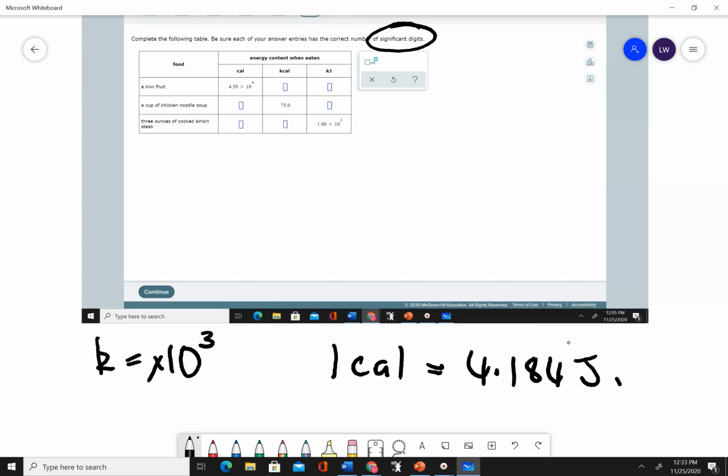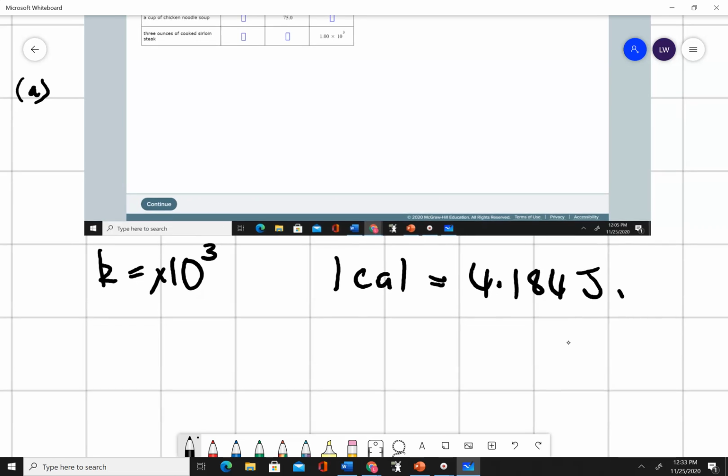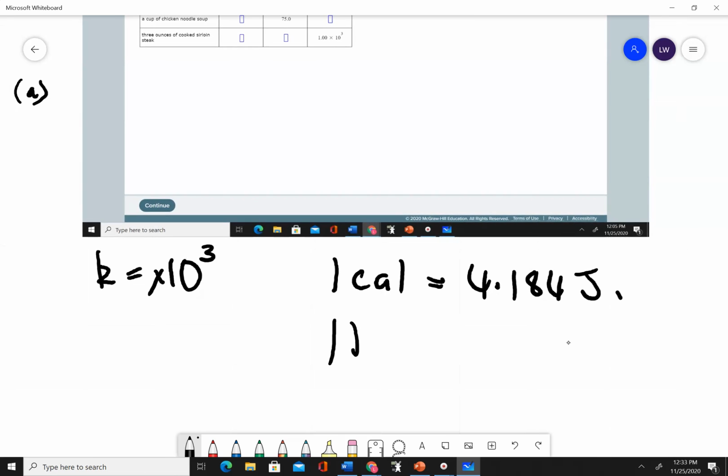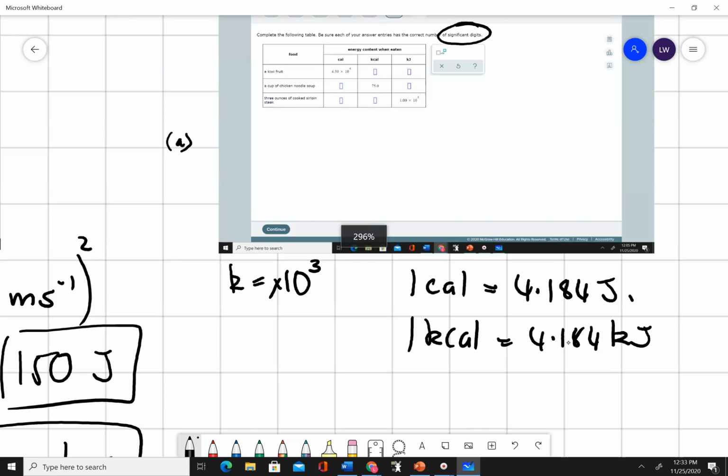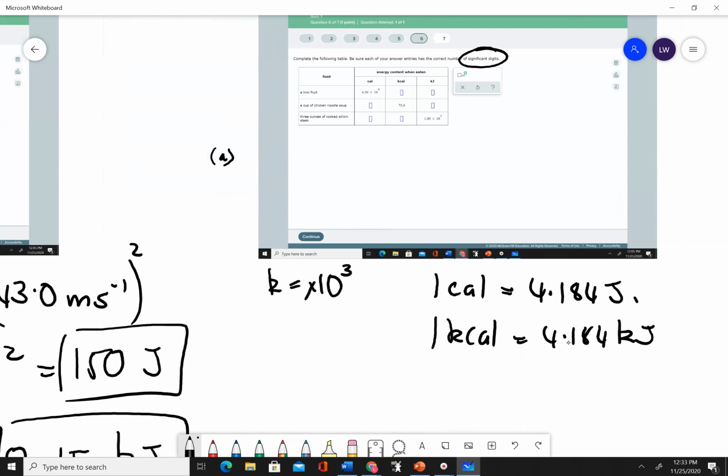So let's do the first row. We have to turn some calories into kilocalories and kilojoules. It's probably also worth noting that 1 kilocalorie is the same as 4.184 kilojoules. So we can do a little shortcut if we want here.